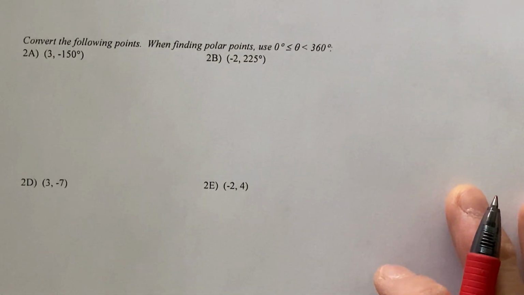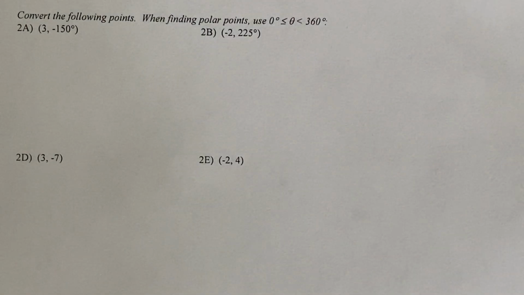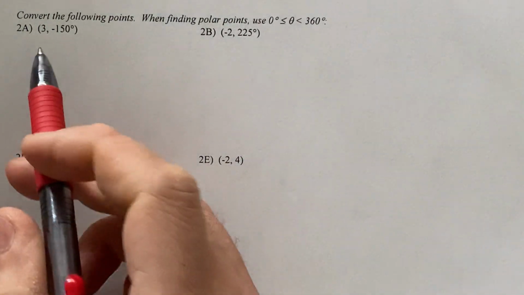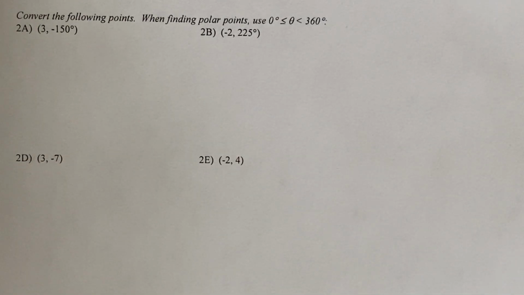If I take a look at these examples right here, the first thing I'm going to do is recognize what situation I'm in. The first one is in polar form, so my job is to convert it into algebra xy form. Trig to algebra.